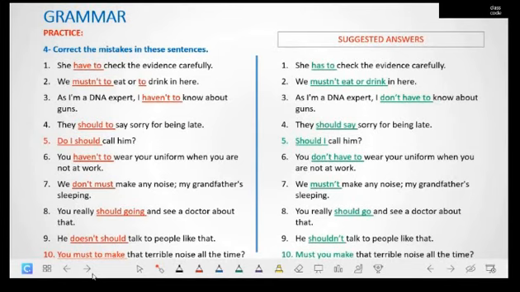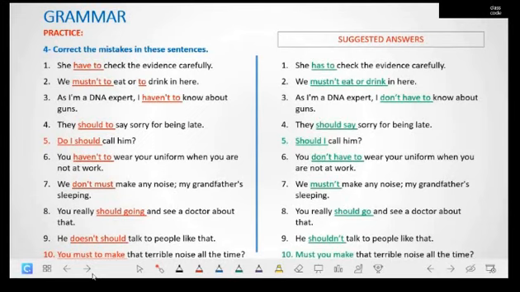All right. Number three, as I am a DNA expert, I don't have to know about guns. It means that there is no need. Number four, they should say sorry for being late. Number five, should I call him?